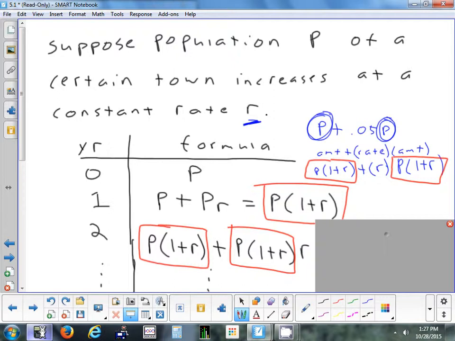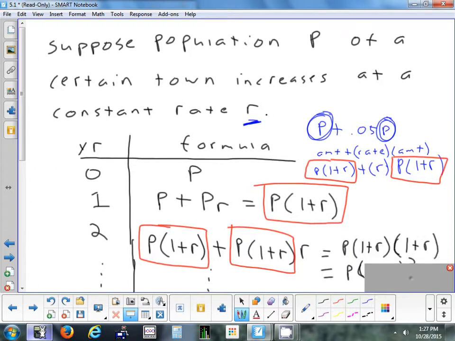Okay, and if I factor out P times 1 plus R, well, I'd have P times 1 plus R on the outside. I'd be left with a 1 in the first spot, and I'd be left with an R in the second spot. Okay, what's 1 plus R times 1 plus R, if you write it the short way? Yeah, 1 plus R squared. Okay, so we get P times 1 plus R squared.